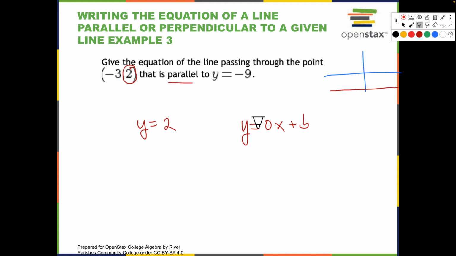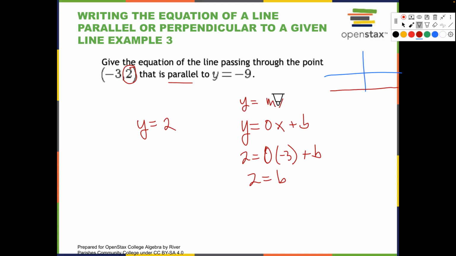We could plug in the x and the y, so 2 equals 0 times negative 3 plus b. Well, that's 0. Oh, b equals 2. The slope is 0. Oh, y equals 2.